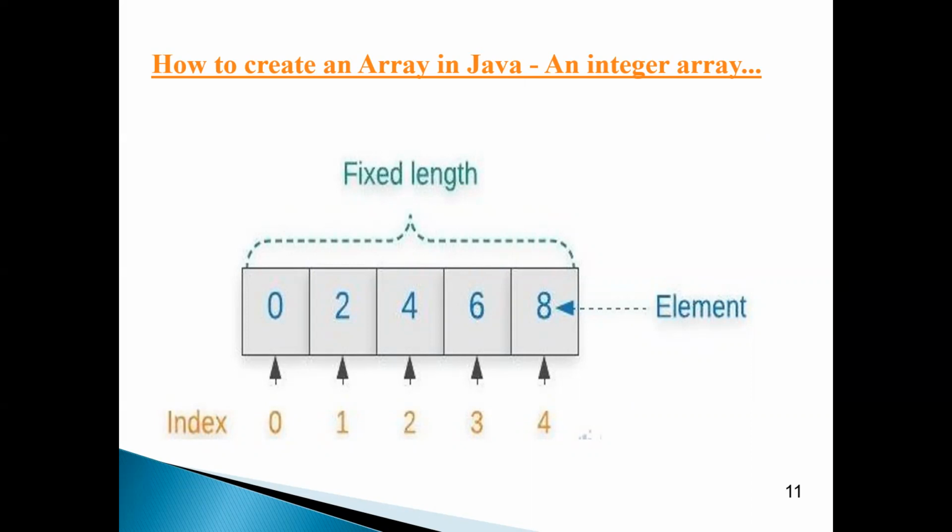The first index is 0, the second index is 1, the third index is 2, the fourth index is 3, and the fifth index is 4. The first element of this array is 0. The second element is 2.